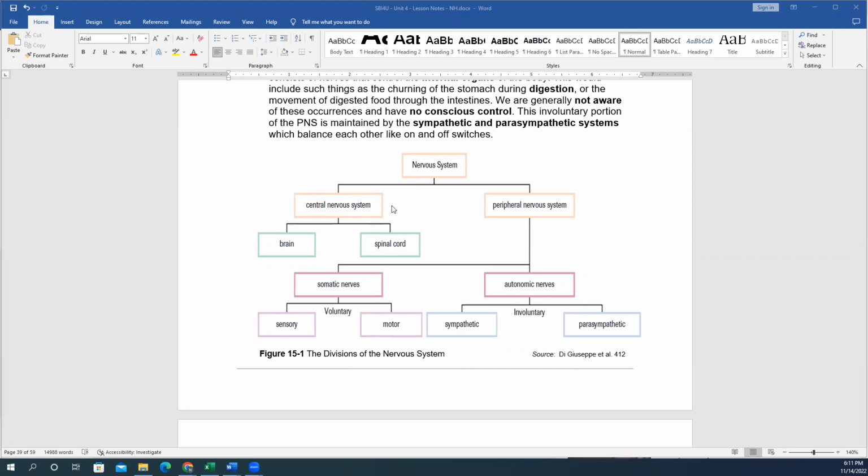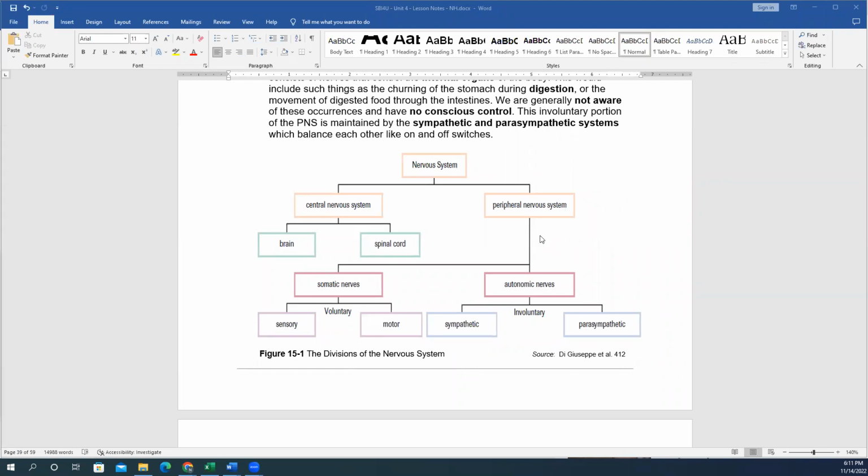The brain and the spinal cord are responsible for coordinating all those incoming and outgoing information and signals. The other part of the nervous system is the peripheral nervous system, which consists of the nerves that carry the information between all the other areas of the body and the central nervous system.